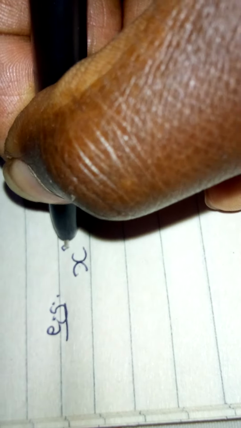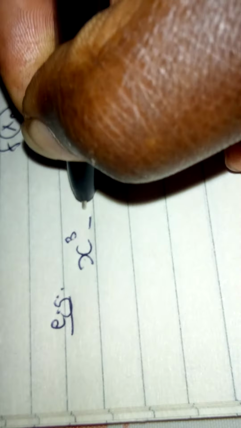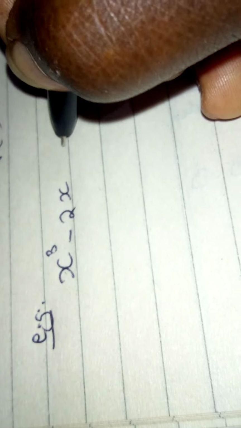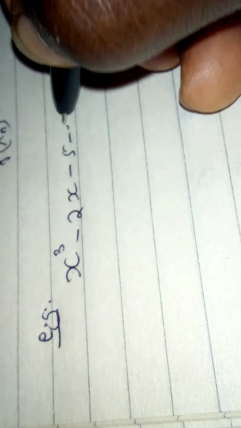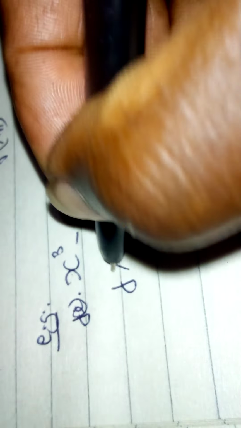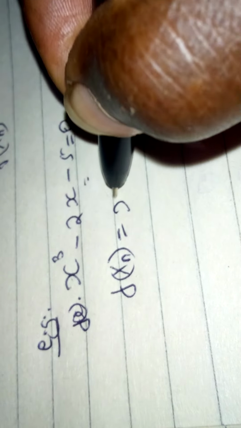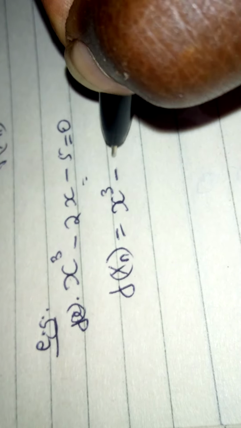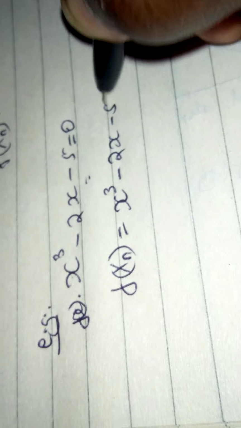Having an equation, for example, we have an equation like x cubic subtract 2x minus 5 is equals to 0. Let that be our function. So in this case, our f of x n is our initial equation, which is x cubic minus 2x minus 5.